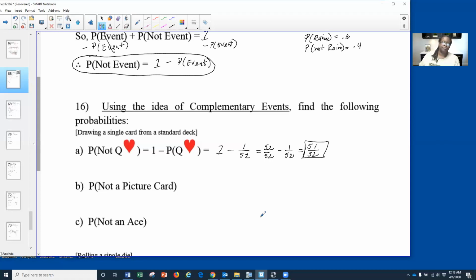Let's try the next. So it says the probability of not a picture card. So this is what we're looking for. Now remember, we've already practiced writing our structure. Here we are writing our structure. So the probability of not a picture card would be 1 minus the probability of a picture card.